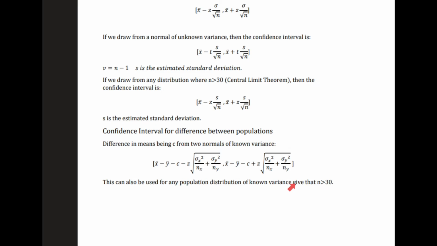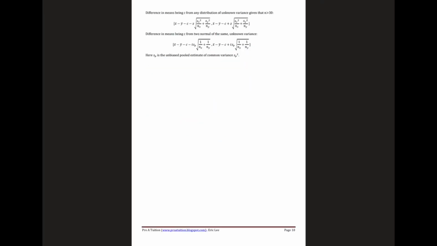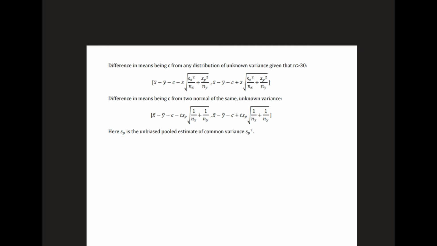So as long as n is greater than 30, we can use the Z as our confidence interval. Okay, so a little bit more, we look at this page. Difference in means being c from any distribution of unknown variance given that n is greater than 30.